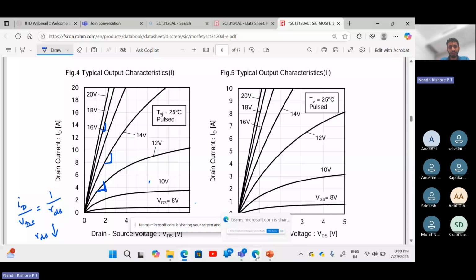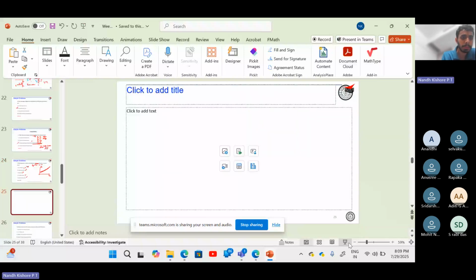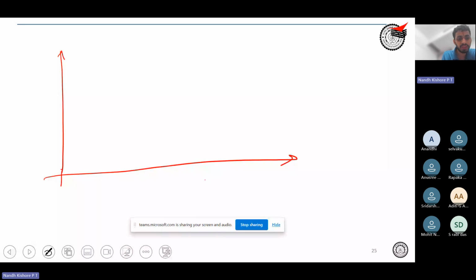Just from the output characteristics, I'm telling you, take two curves. So I will just draw over here if you want. We'll insert a new slide. Okay, and I will have two curves. So one is this, right?